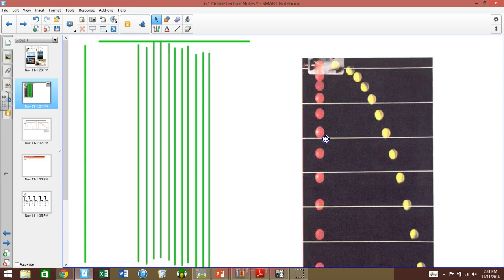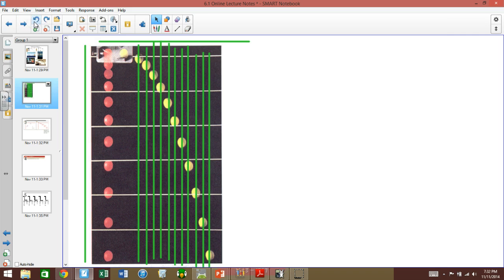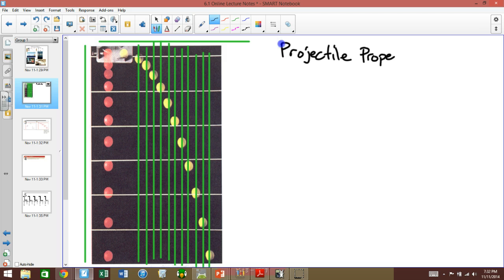Take away the picture now, and you see how these lines are all evenly spaced? That says one really important idea, and this is important idea number one about projectiles. Main idea number one, they move left and right.